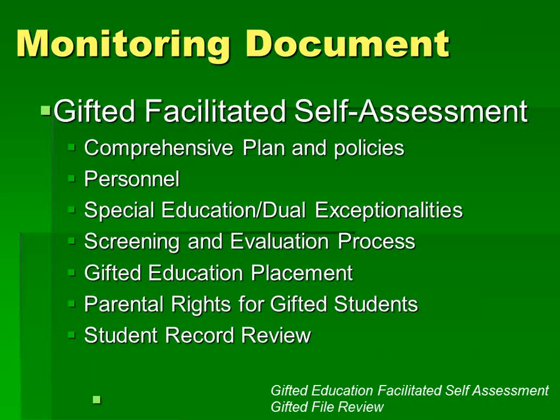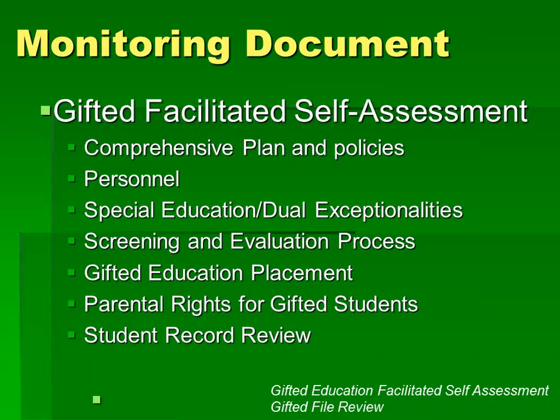And gifted education placement. Now, when we talk about gifted education placement, as Tanya said, we need to look at what the child's strengths are. And if a child has a strength in science, then there should be goals and short-term learning outcomes for science, also specially designed instruction for science.